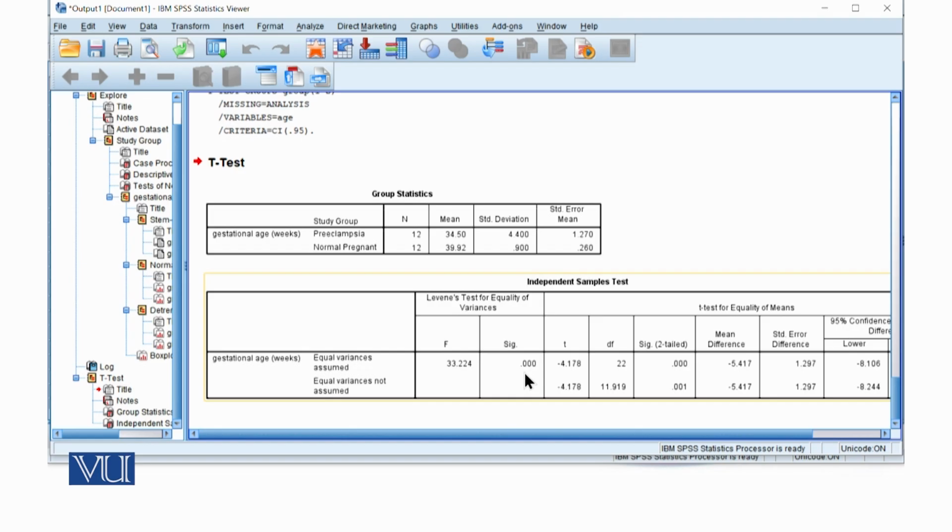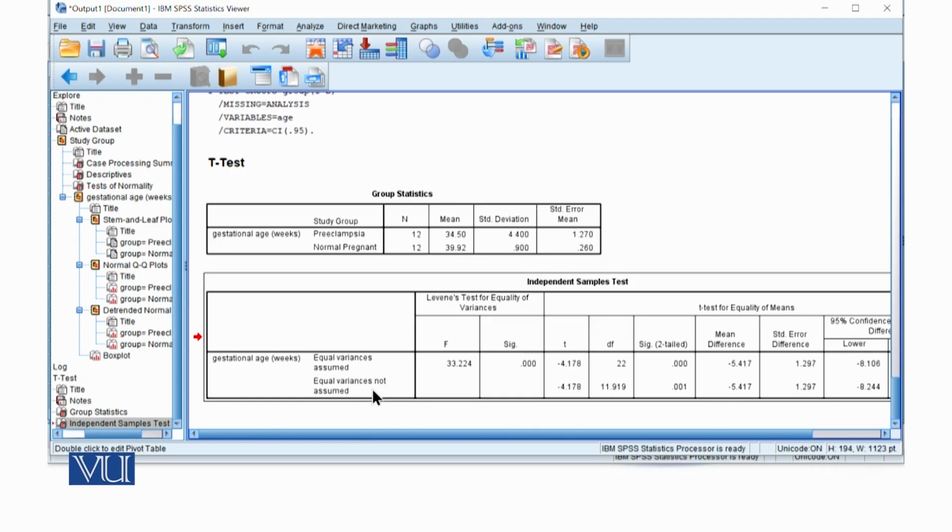Since we have rejected this null hypothesis for the equality of variances, we will use the equal variances not assumed case. To perform the two-group independent sample t-test for equal variances not assumed, we will look at the values generated by the second line in the output.